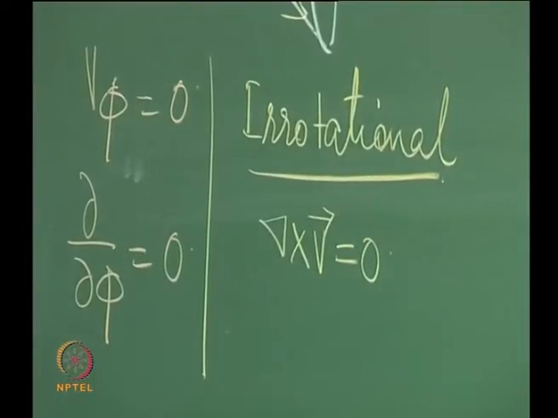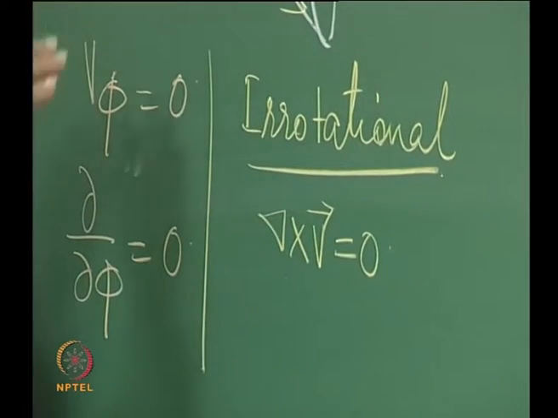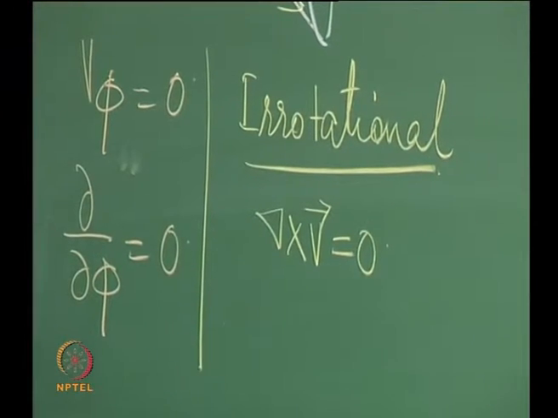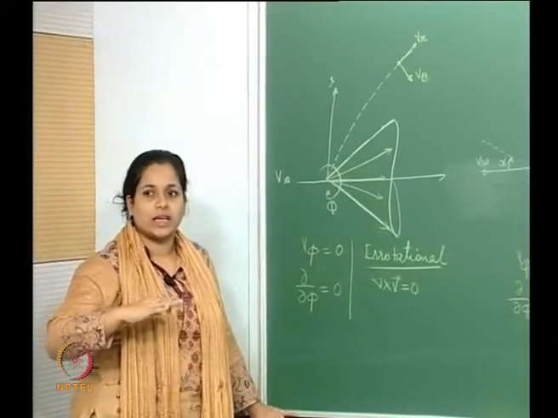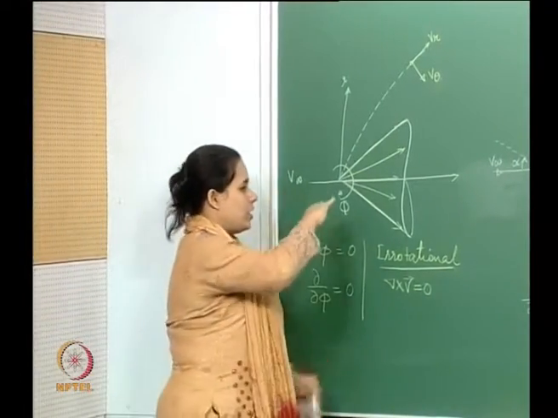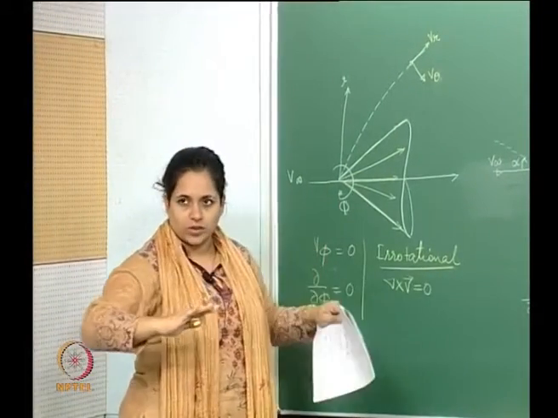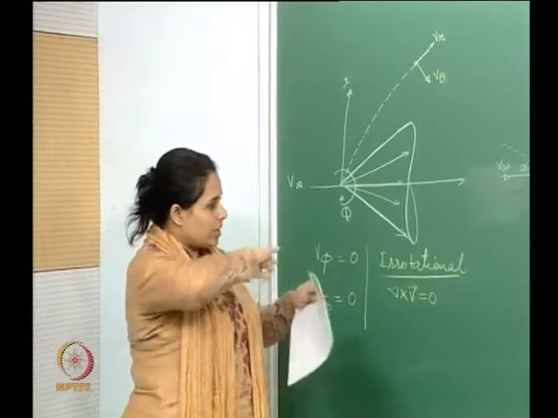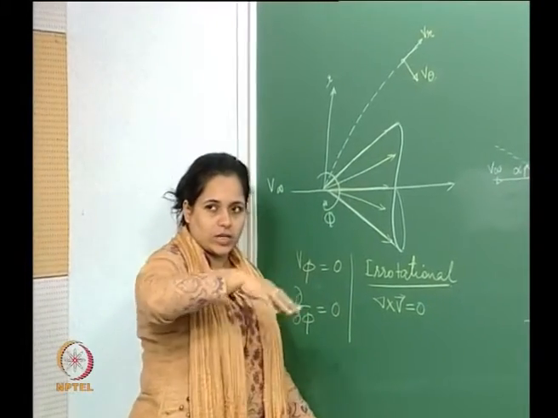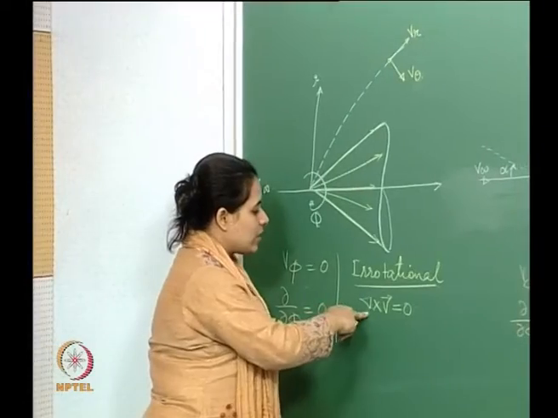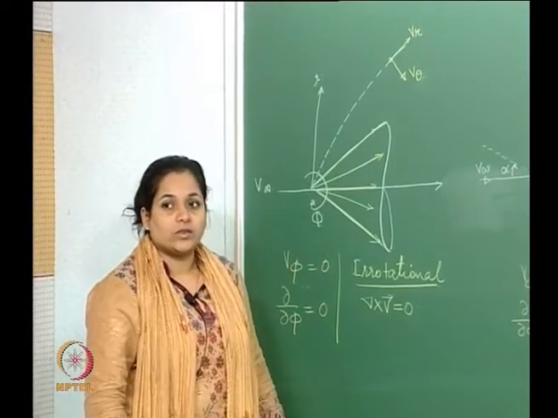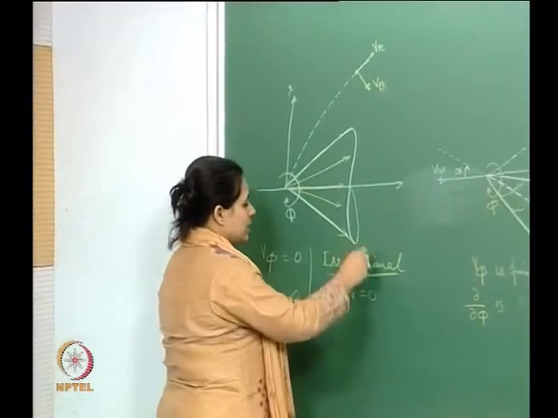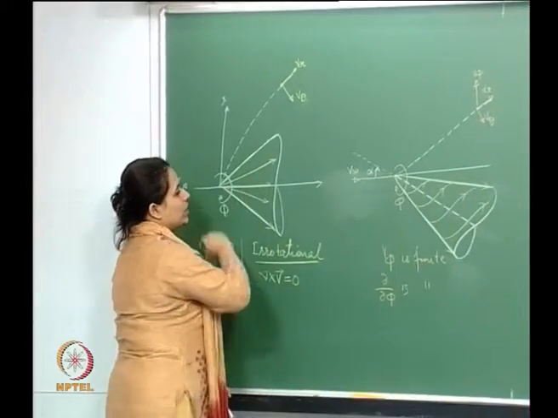Essentially, what we are looking at is the velocity in a plane perpendicular to the xy plane, which is the cone surface in this particular case. In that plane, del cross V is 0. So this is irrotational in this particular case.